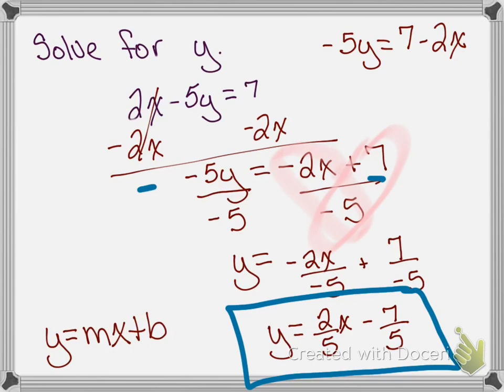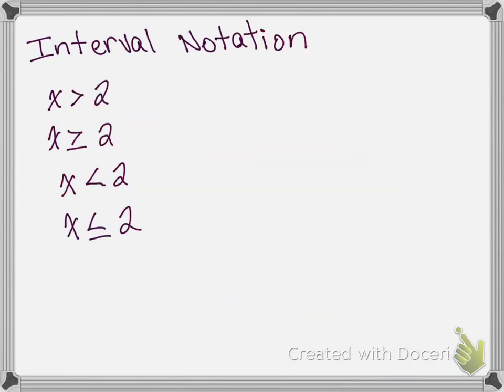Moving on. Okay. So now what we are going to talk about are inequalities. We've talked about equations. When we talk about inequalities, there are 4 signs that we deal with. Okay?